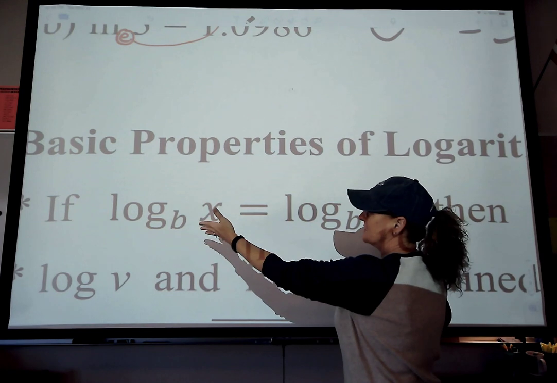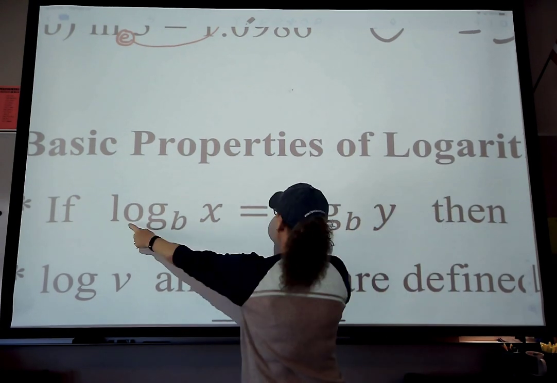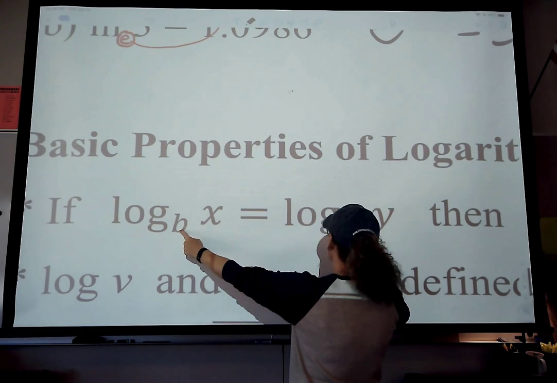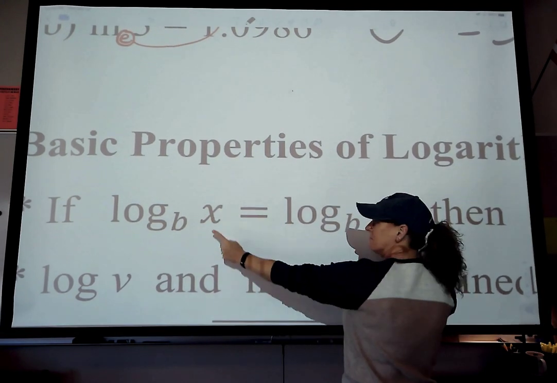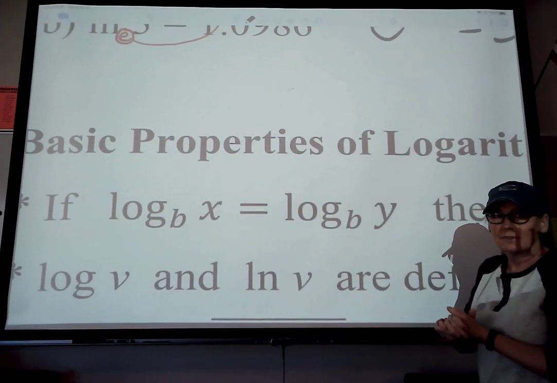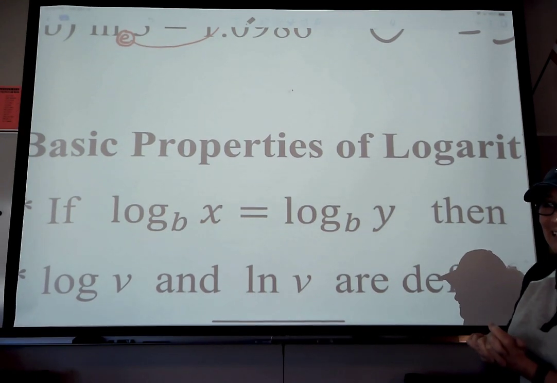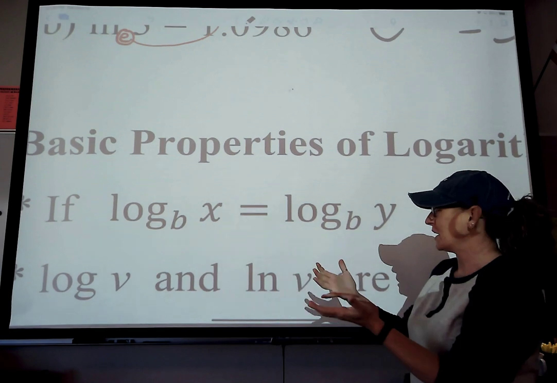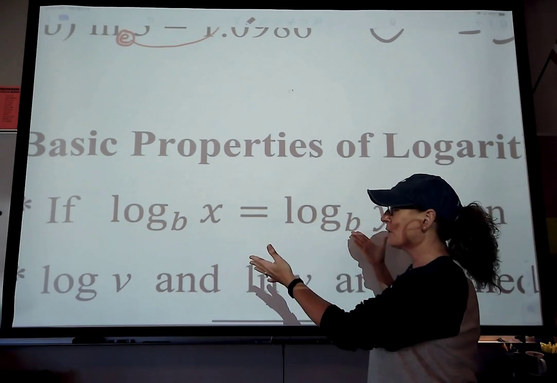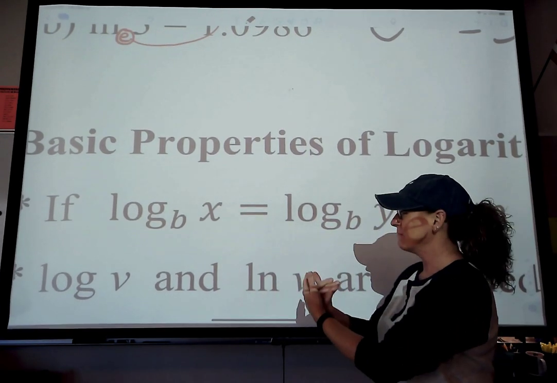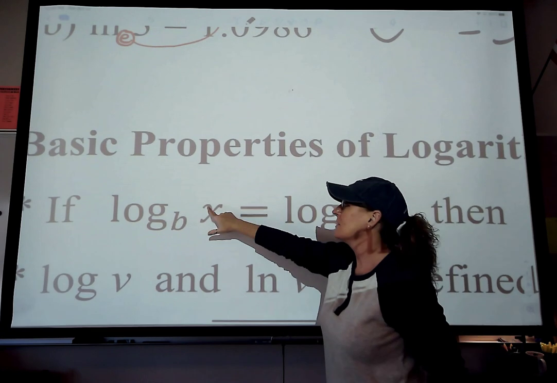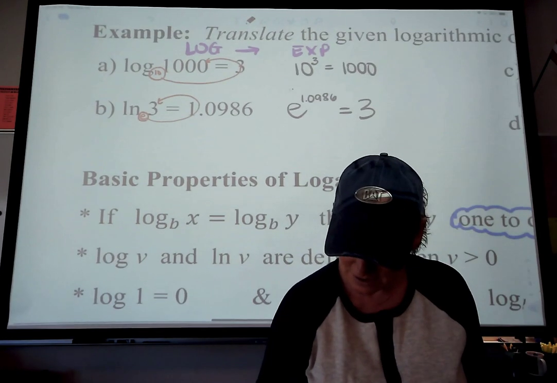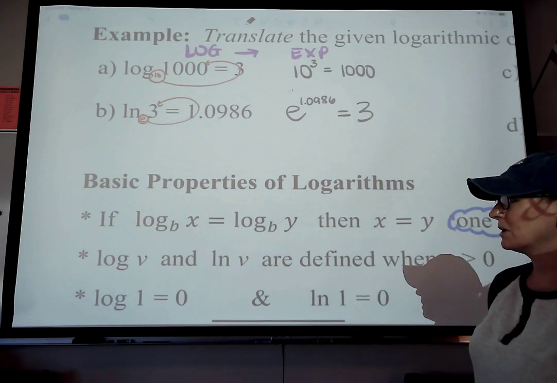Now, in order for these two things to be equal, if this and this and this and this are the same, wouldn't it make sense that these have to be the same? That's what the one-to-one property says, aka the common sense property. If everything in your equation looks exactly the same and they're equal, well then this has got to be the same as this.